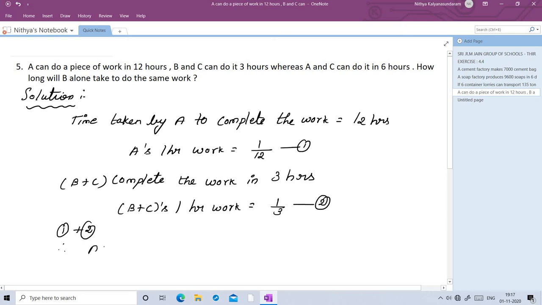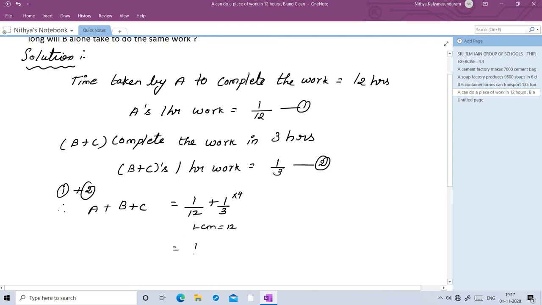Therefore, A plus B plus C is equal to 1 by 12 plus 1 by 3. The LCM is 12, so 1 by 12 plus 4 by 12. So 1 plus 4 is 5 by 12. This is A plus B plus C's 1 hour work.